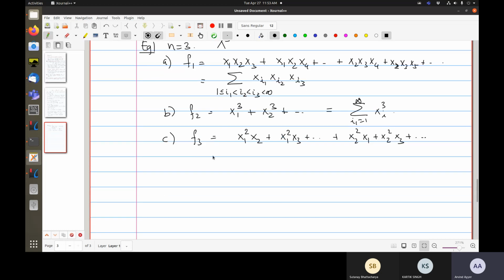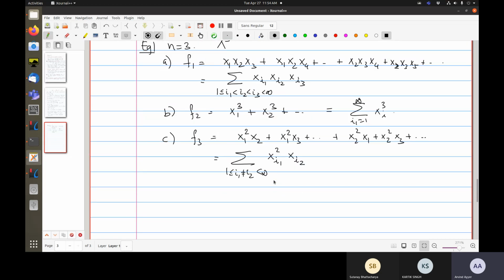So if I write the sum over 1 less than or equal to i1, comma i2 to infinity of x_i1 squared x_i2, with i1 not equal to i2. Actually, I could do that also. Okay. Yes.